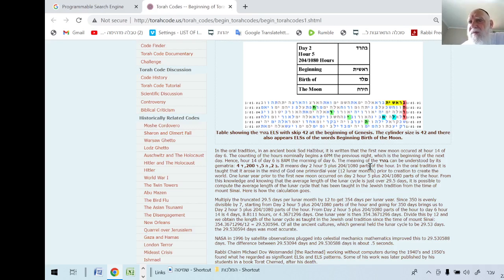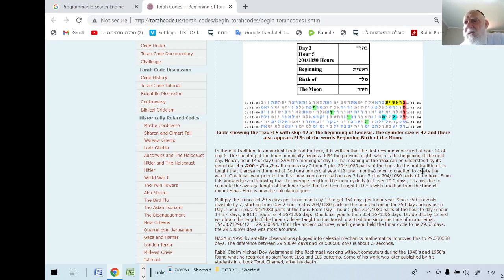The meaning of the Barad can be understood by its gematria, as we said. Dalet is 4, Resh is 200, Heh is 5, and Bet is 2. It means day 2, the second day, the 5th hour, and 2 parts of the hour.